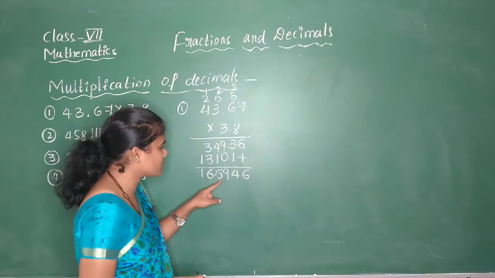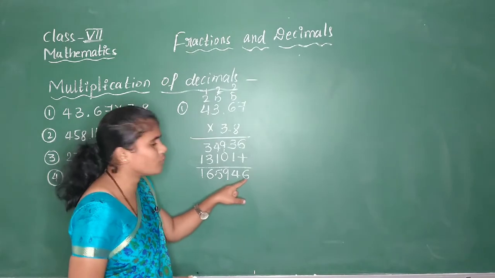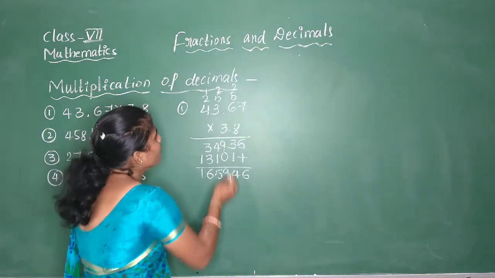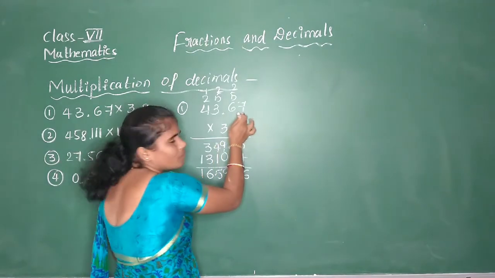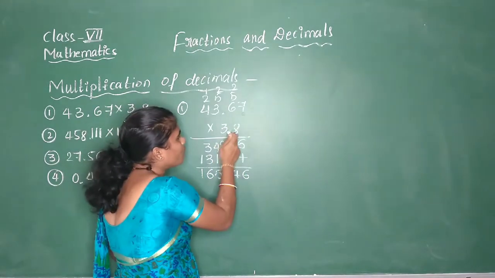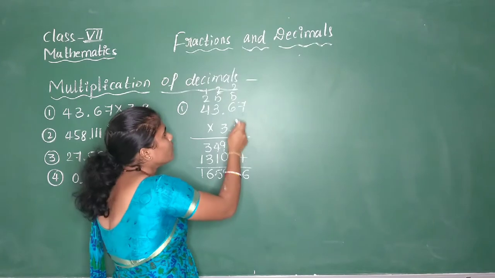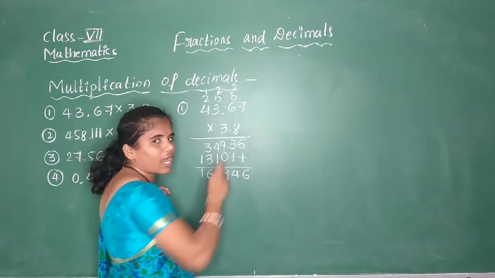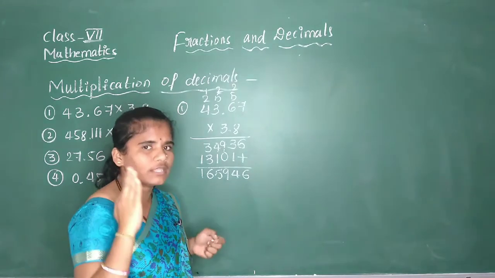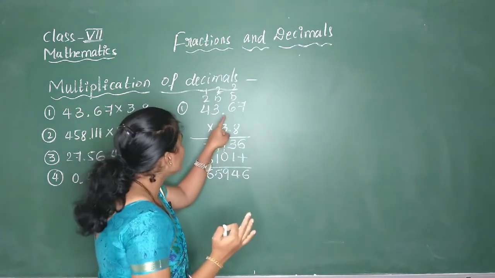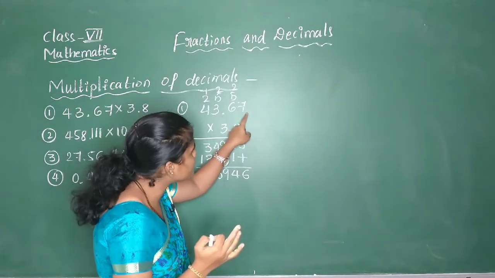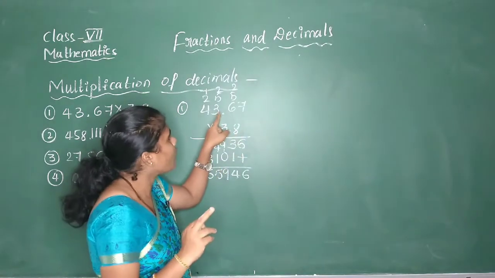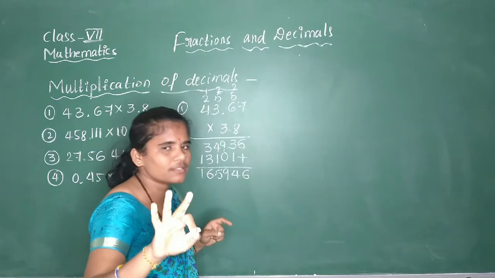The result is 165946, isn't it? Here after the point, 2 places are there, and in the other, after the point 1 place is there. Totally after the point 3 digits are there.